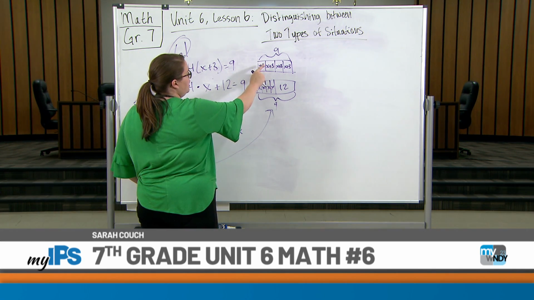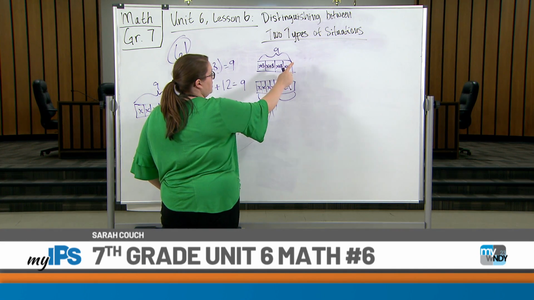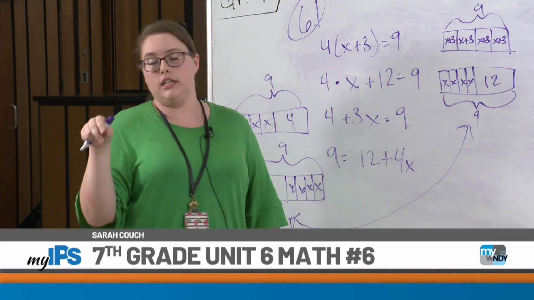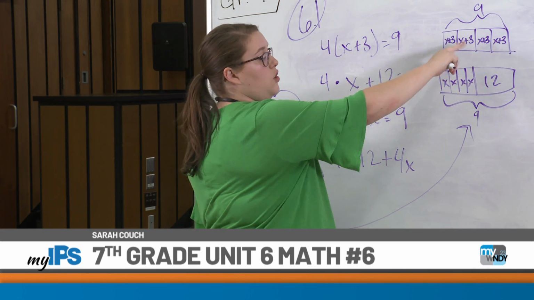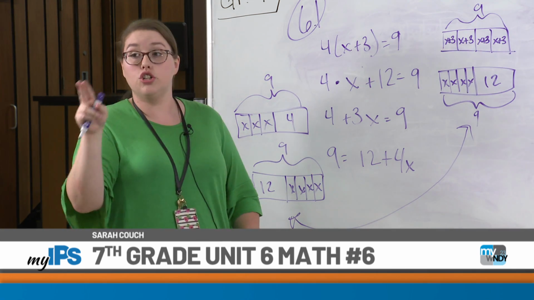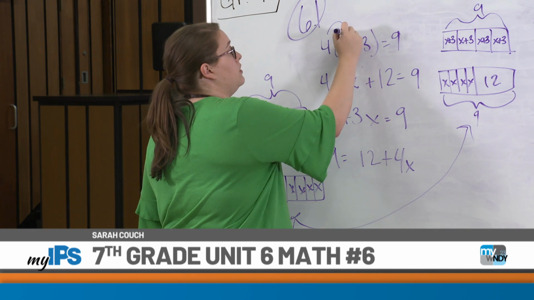So we have x plus 3, x plus 3, x plus 3, x plus 3. But just like we did in a previous problem, instead of leaving them in their quantities, I actually can distribute the problem and make the picture look a little bit different.